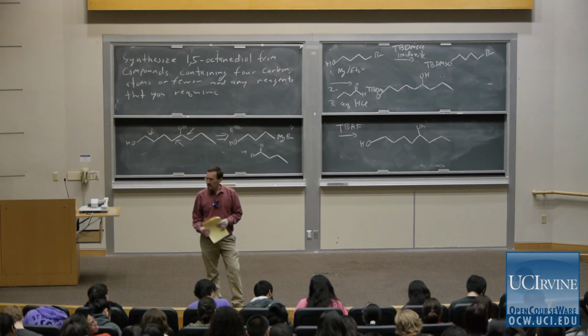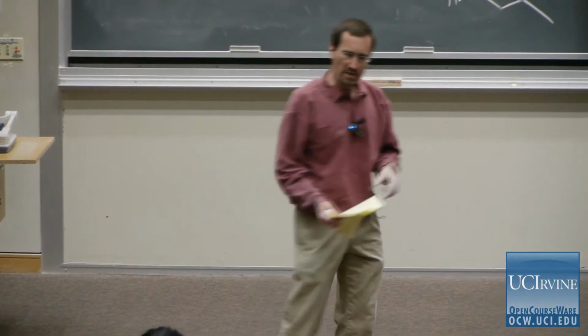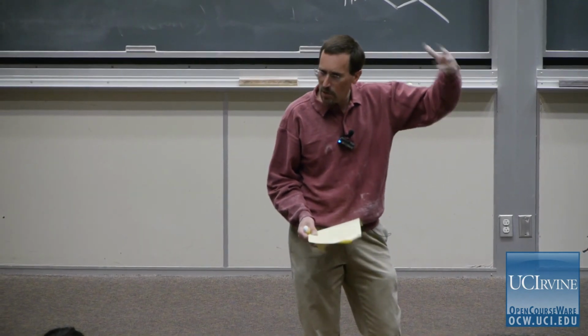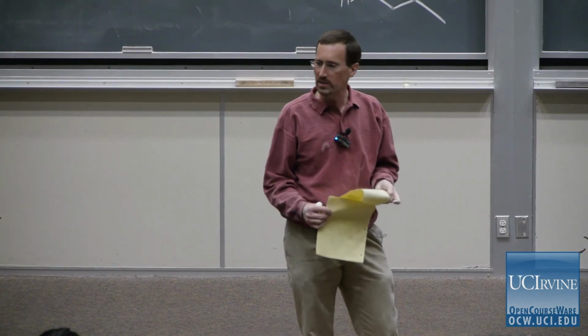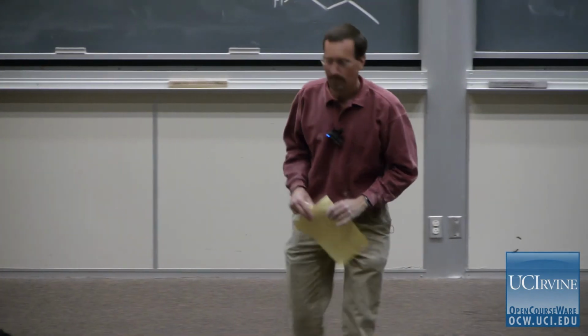All right, well, this is the way we think about carbonyl chemistry. We've learned a lot of reactions of them. As we continue into the next chapter, we're going to learn new reactions of carbonyl groups. Thank you.